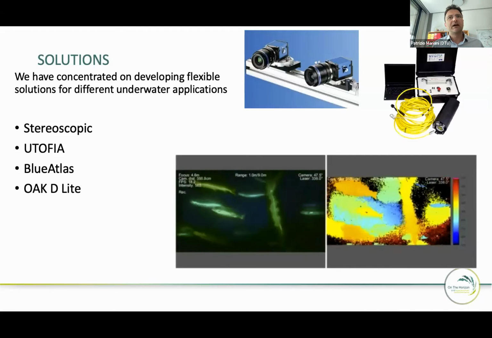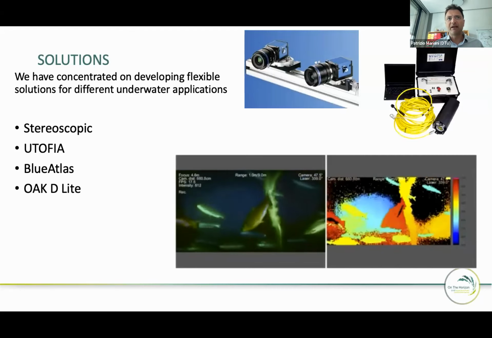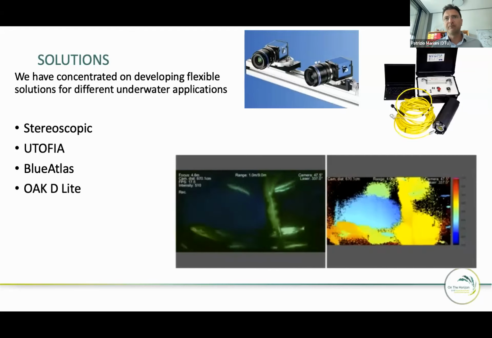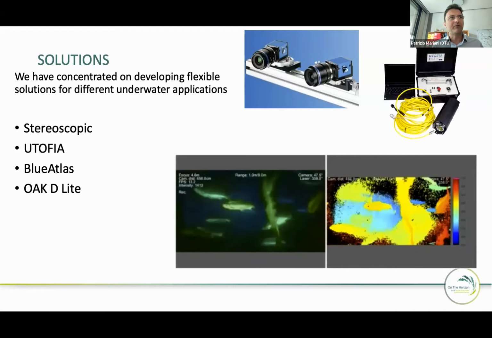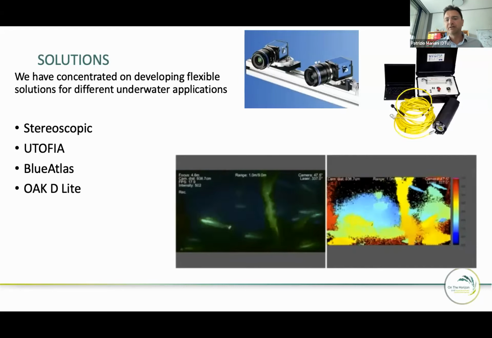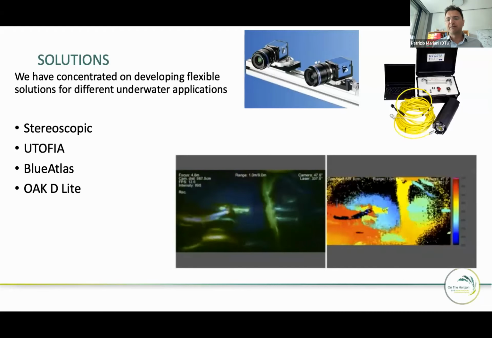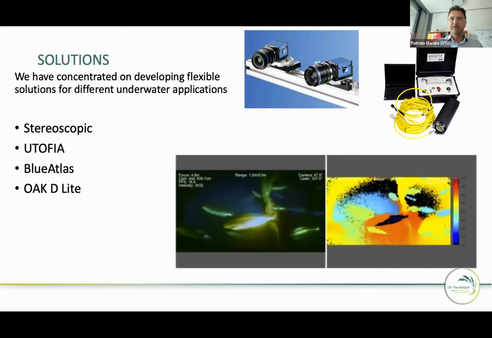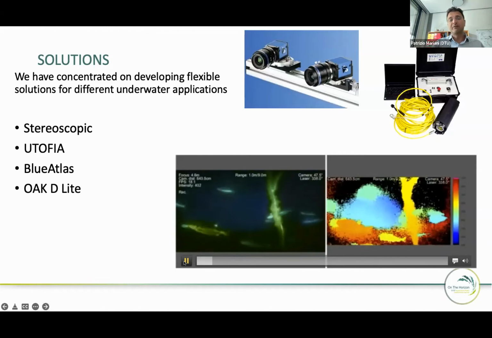We have used a camera system which was developed in another project called Utopia, and the camera system itself is called Utopia. It stands for underwater time of flight imaging acquisition system. The way it works is basically a pulse laser that emits a pulse of light, and then it's kind of scanning the environment at different depths or different ranges.